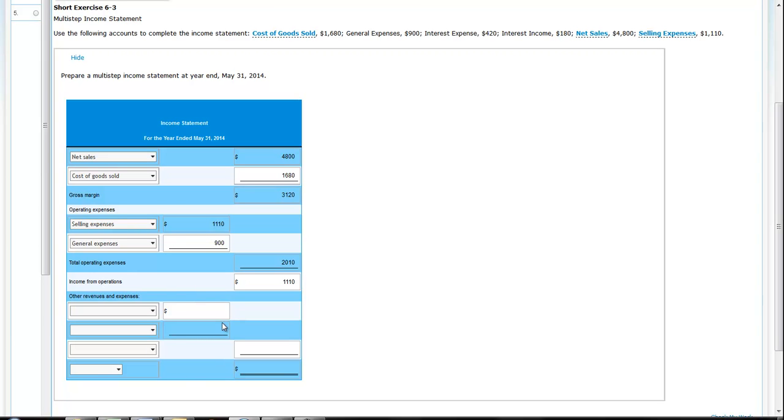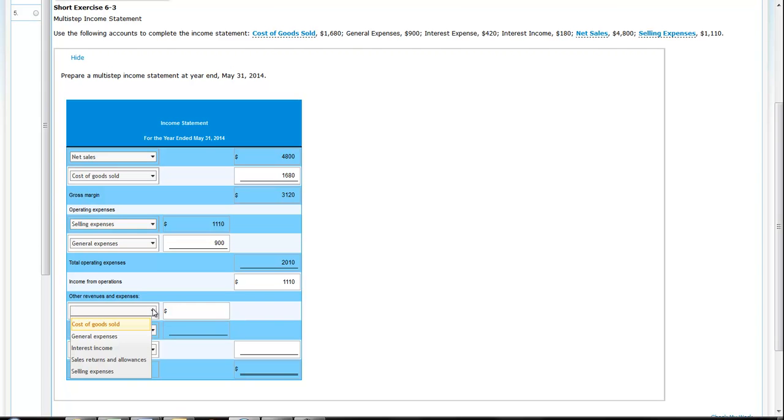The purpose of providing these different categories is so we can look at the quality of our earnings. We can look at the bottom line, but investors and outside entities might want to know, well, where did that income come from? So by doing it this way, you can see that, well, $1,110 of our income came from the actual operations of our business.